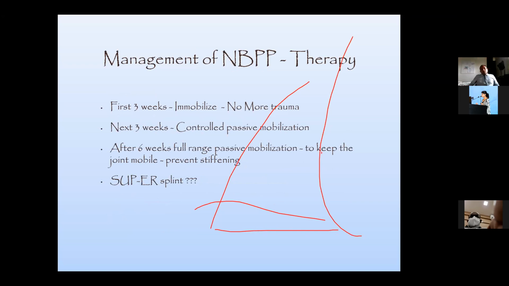But some believe that you should move it gently, but how gently is a problem. For the next 3 weeks, we can go for controlled passive mobilization, and after about 6 weeks, when the plexus has recovered from the original insult, you can go for passive full range mobilization to keep the joint mobile.